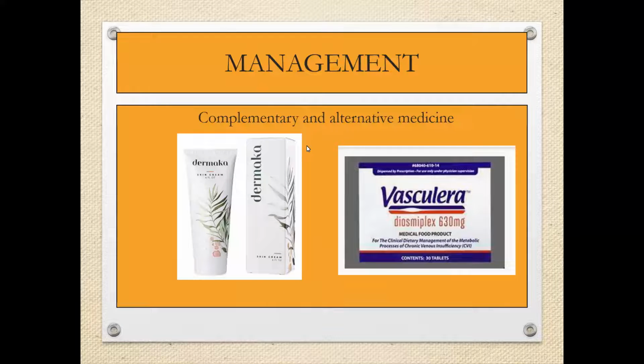There's other medications and creams that we use. Dermica is a very popular cream developed by a vascular surgeon and a dermatologist. Excellent to help minimize discoloration of the skin that's associated with varicose veins. Vasculera, again, is an all-natural product that you actually do have to have a prescription for in the pharmacy.